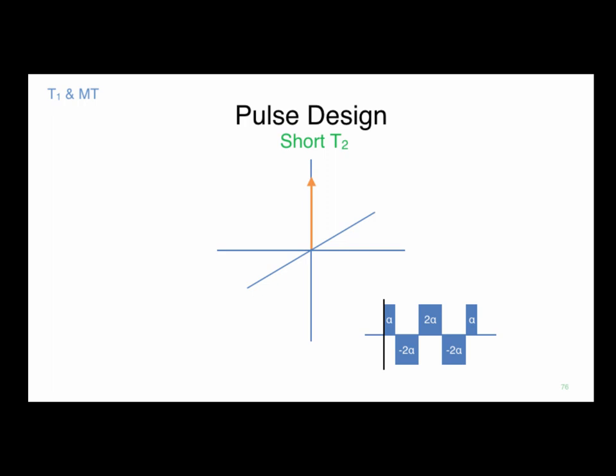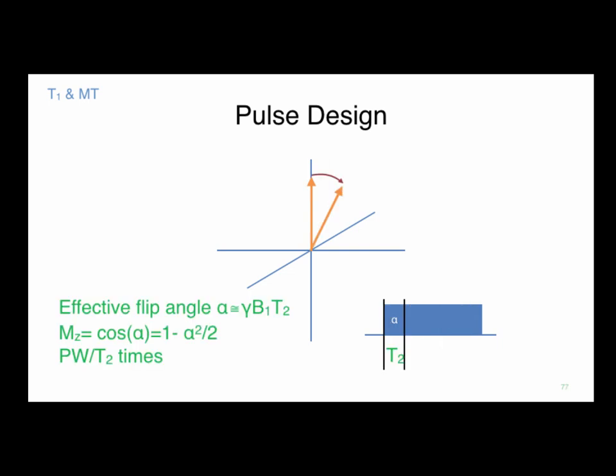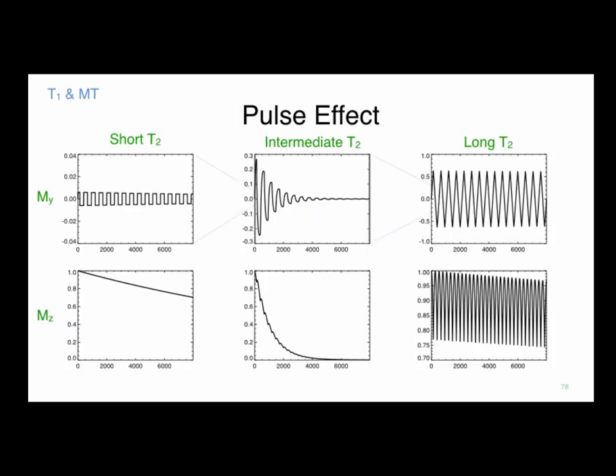Another way that we use in our lab is using on-resonance pulses. And that is just a series of hard pulses that tip the magnetization back and forth. So what happens for very long T2 spins?